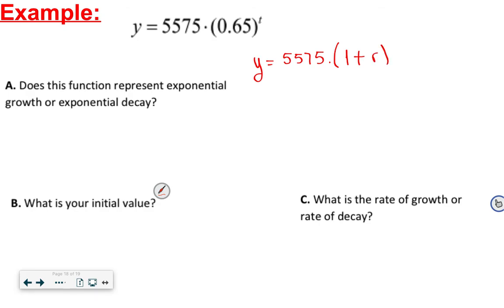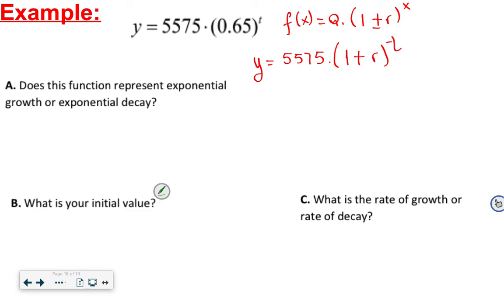We don't know what it is, to the power t. Because what was the formula? Exponential decay or growth: f of x is equal to a times 1 plus or minus r to the power x. If it is plus, then you will understand that this is going to be exponential growth. If it is 1 minus r, then you will understand this is exponential decay.